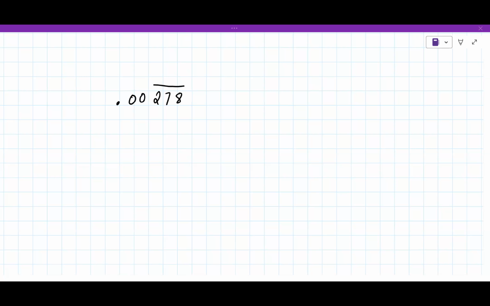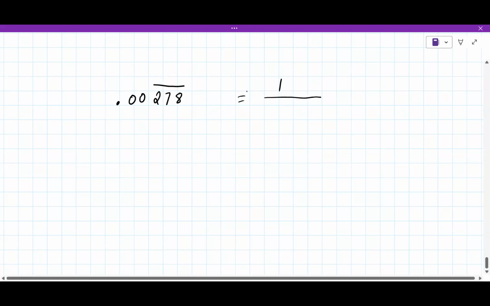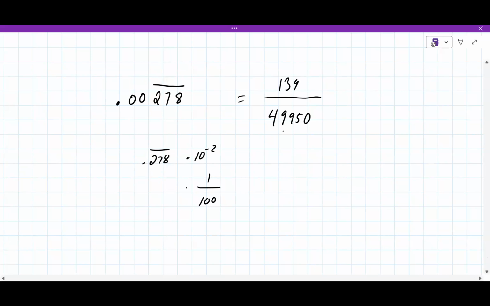With that, I get 0.00278. I want the fraction. 139 divided by 500,000. 139 is right. Oh, wait. So it's 0.278 times 10 to the minus 2. That's 1/100. I did to the negative 1 power. I see, that's the difference. All right, good.